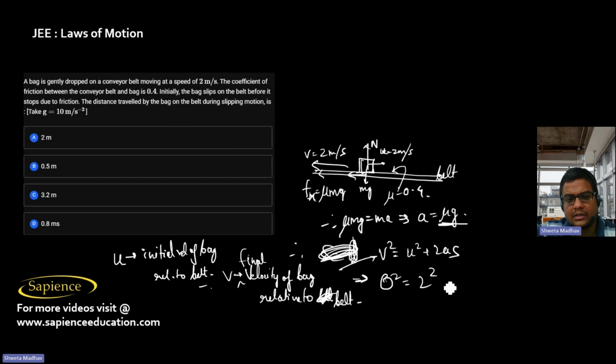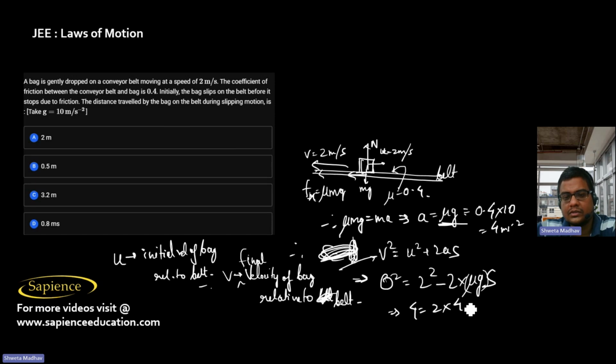So v is 0: 0 squared equals u squared, that is 2 squared, minus 2 into mu g into s. g is 10 and the frictional coefficient is 0.4, so 0.4 into 10 is 4 meters per second squared. This is the value of mu g. So 4 equals 2 into 4 into s.